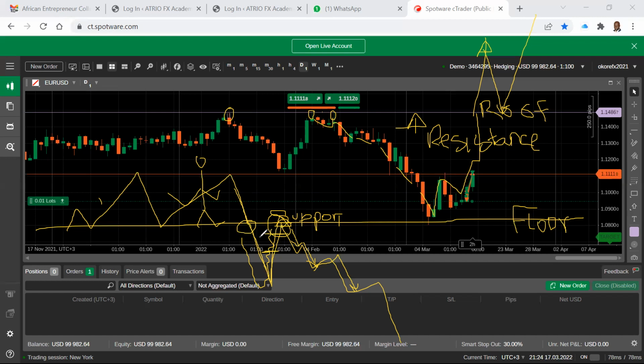Yeah, if you put, you see, this is actually a virtual line. It's not like a real line. We're just drawing it. So if you put your trade here, the market will still go up. If you put your trade here and it is a sell limit, unfortunately it will trigger your trade.